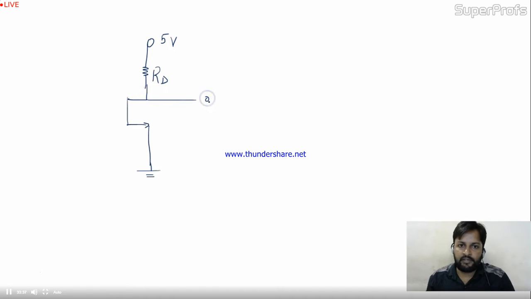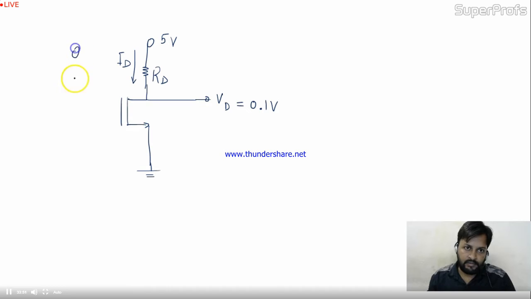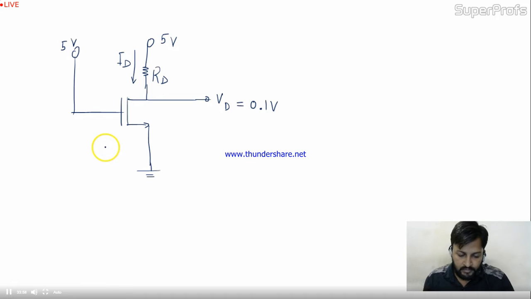Here it's VD, 0.1 volt. The current over here is ID. Here it's 5 volt. It's 5 volt. Correct?